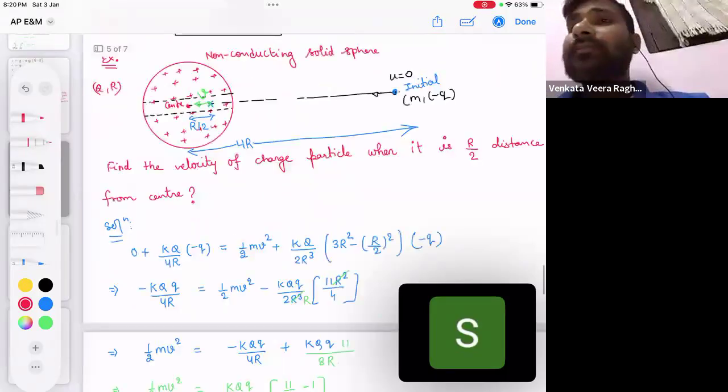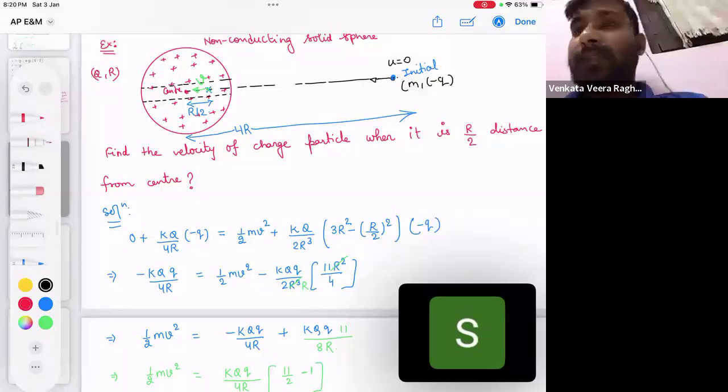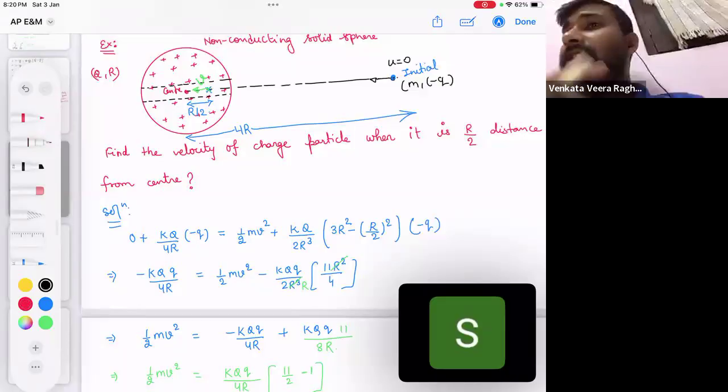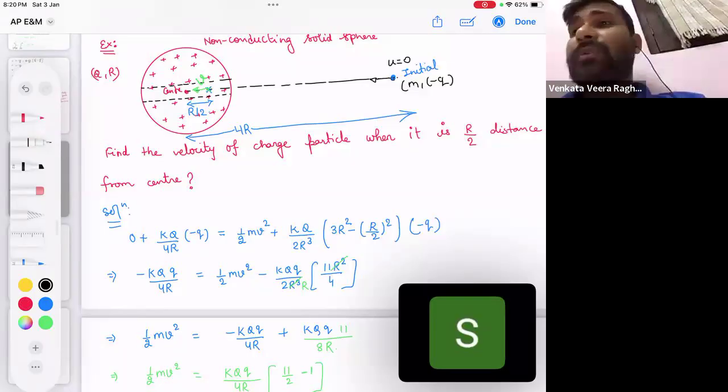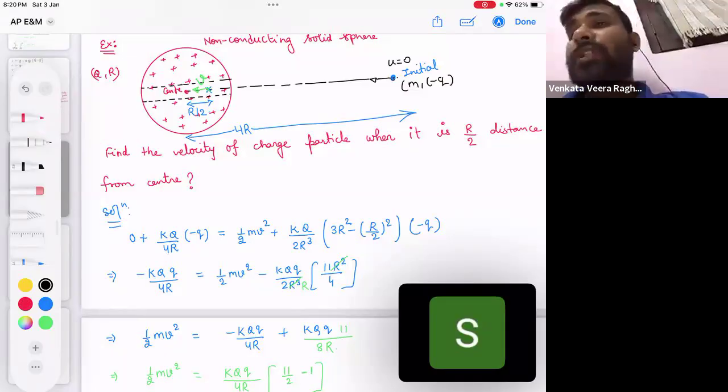This question is writing the potential due to a non-conducting sphere in two cases, right? Initially, the particle is outside the sphere, so we wrote the potential outside, and then when the charged particle came inside the sphere, we again wrote the potential inside. Is that clear?